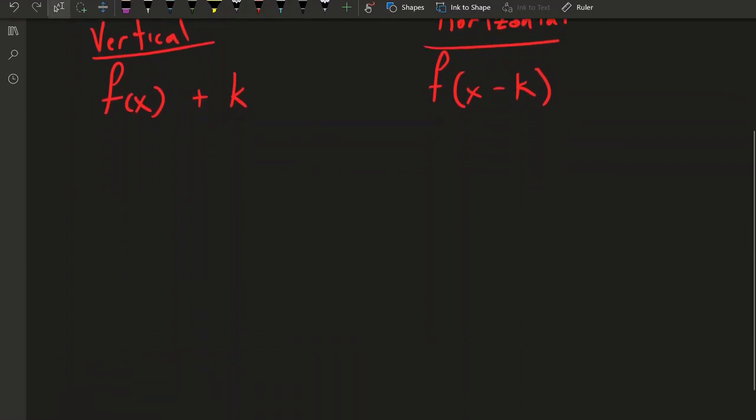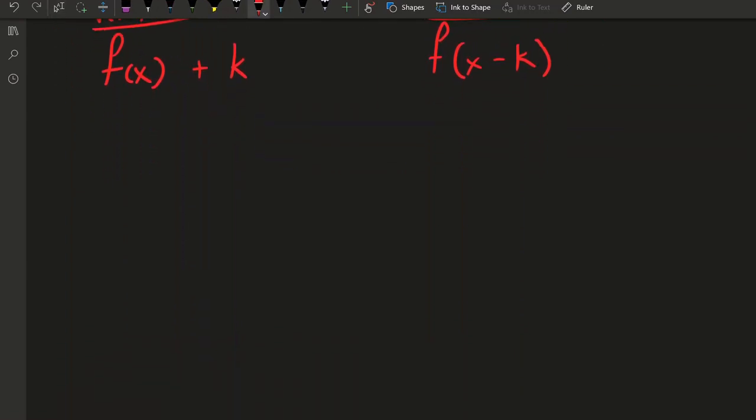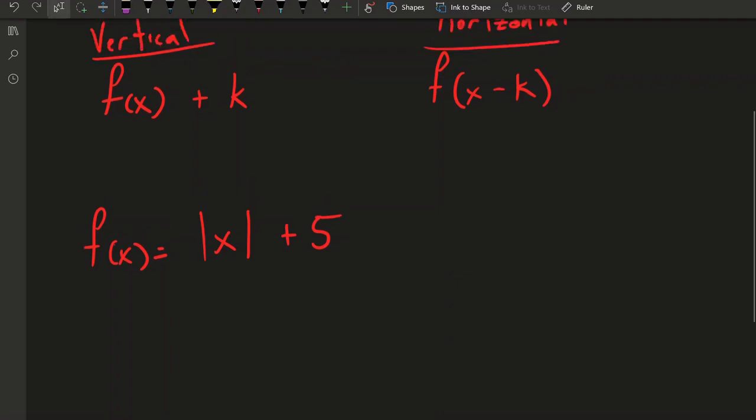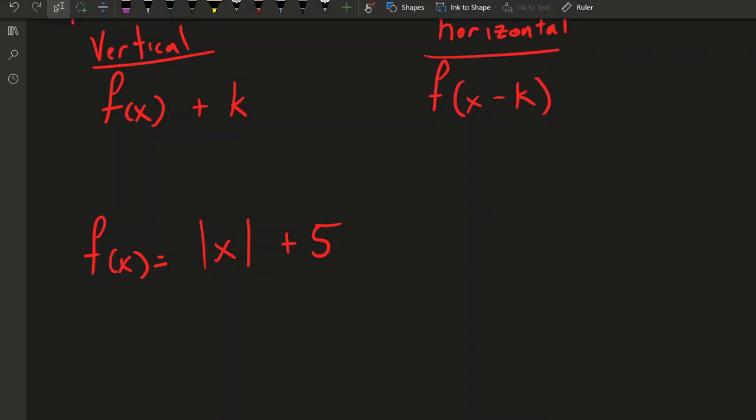So as an example, if we had the function f of x is equal to the absolute value of x plus 5. Now, if you look at that, you see that this already has a vertical translation applied to it.